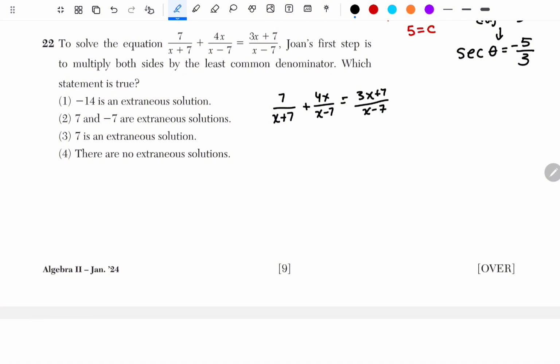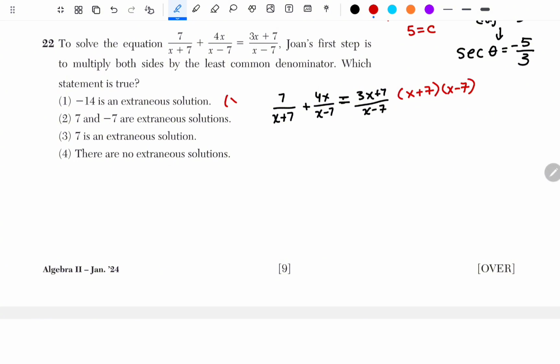So when we rewrite our equation, the least common denominators are going to be the denominators that we see are common. Well, the denominators that we see are common are x plus 7 and x minus 7. And we know that the goal of the common denominator is to eliminate the denominators. And we're going to do that for all three parts.